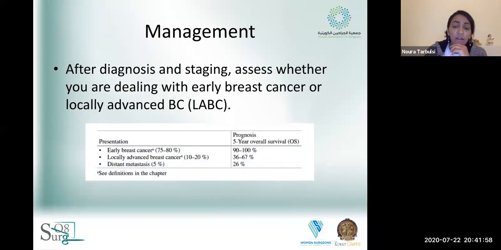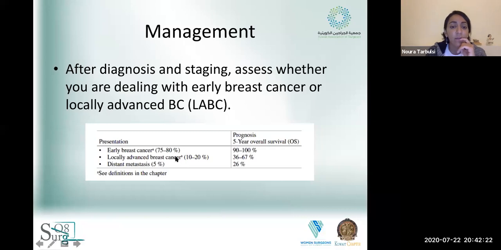Why does it matter? First of all, survival. When you're sitting with a patient who has early breast cancer, you can tell the patient with confidence that she will most likely die from something else other than the breast cancer, car accident, heart attack, anything, because their survival is over 90 to 100%.